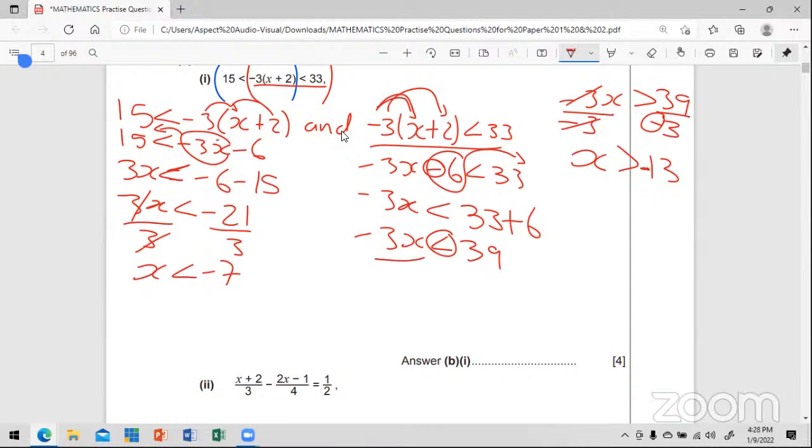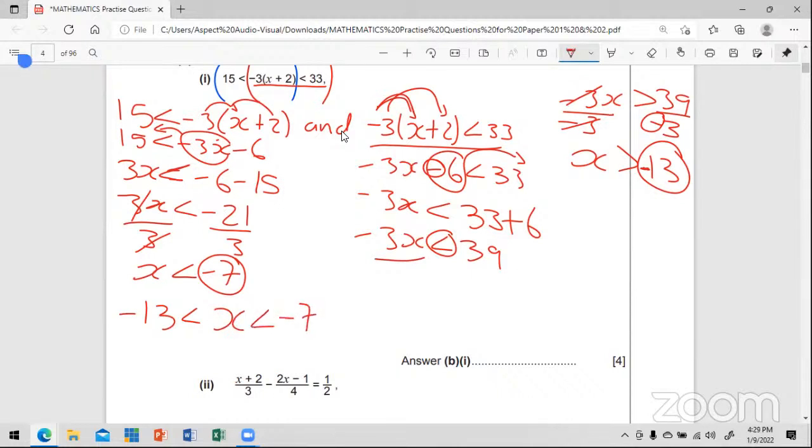So we need to combine those ones. So therefore, between -7 and -13, which one is smaller? It's actually -13, okay? And therefore, -13 is less than x, less than -7.